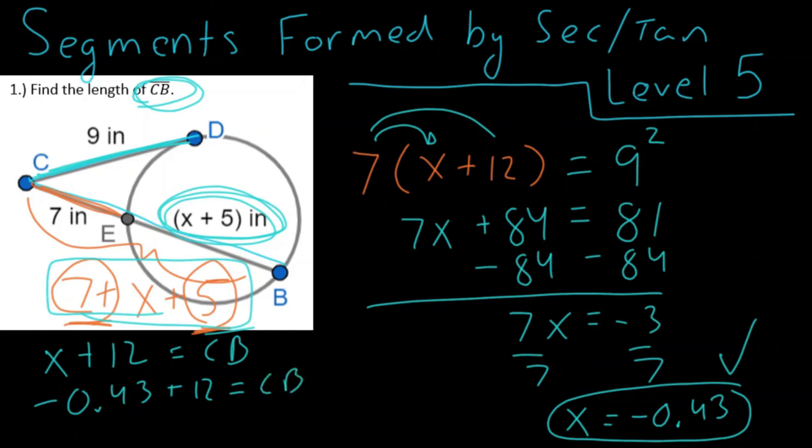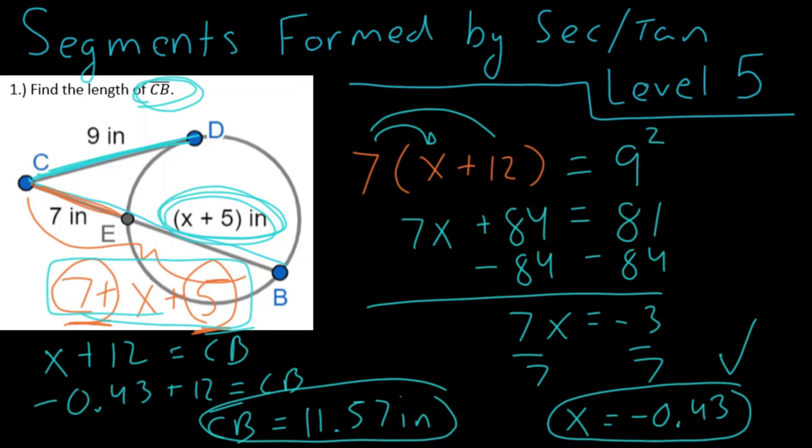And let me grab my calculator. When I add 12 to our x value, it turns out the length of CB will actually equal 11.57. And in this case, 11.57 inches.